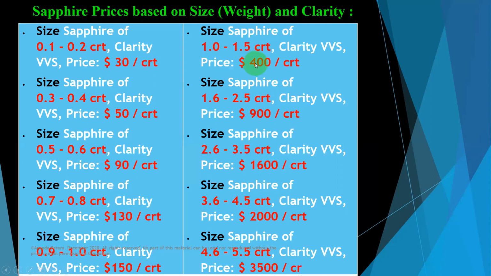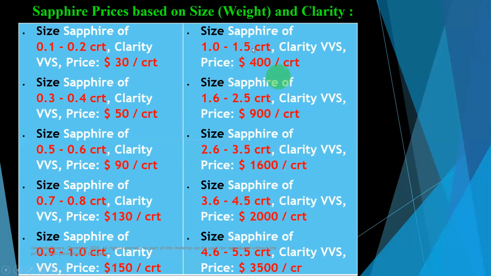Then if it is 1.5, it becomes $600 per carat. 1.6 to 2.5, the range is $900 per carat. 2.6 to 3.5, $1,600 per carat. 3.6 to 4.5, $2,000 per carat. 4.6 to 5.5, $3,500 per carat.